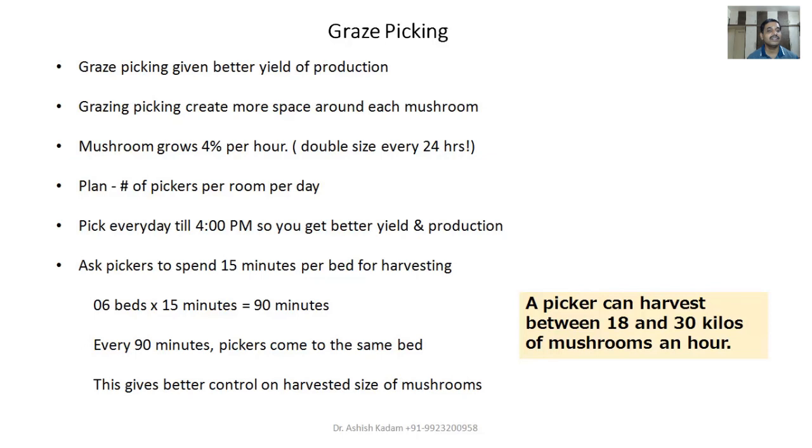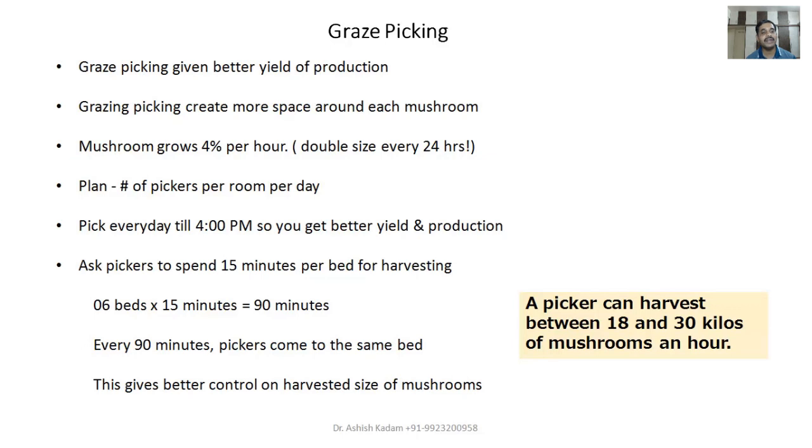So picking timing, picking speed, and number of pickers per shelf and per room are very important aspects. And this again has a scientific impact on the yield and production, the weight of the button mushroom.